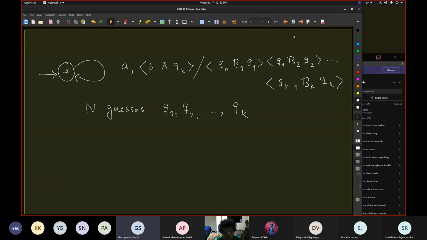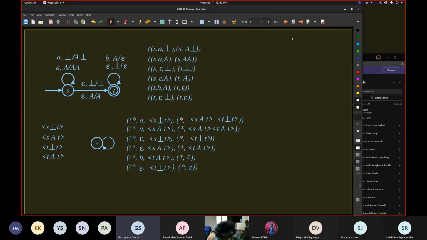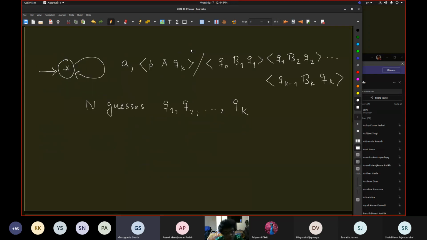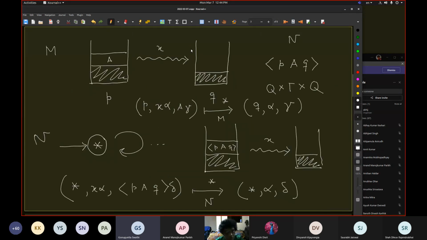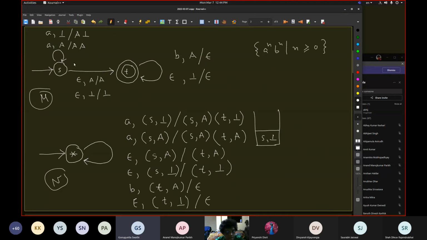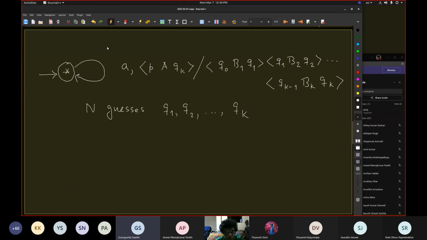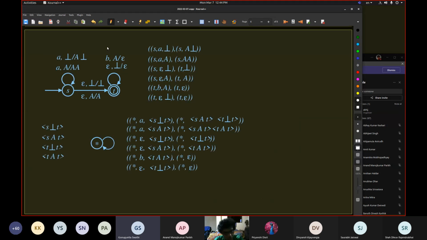So I think I have this picture again. We have these things. S, A: if this is read, A is pushed. So this is basically the same machine as this. And this is my N. There is a single state.